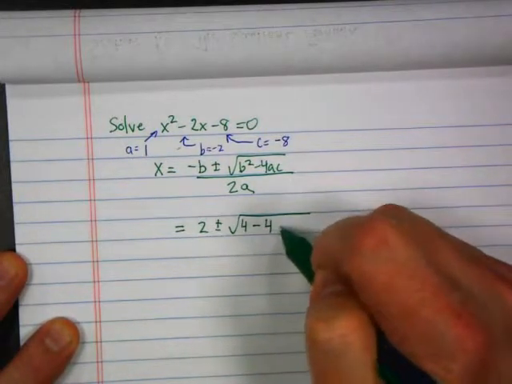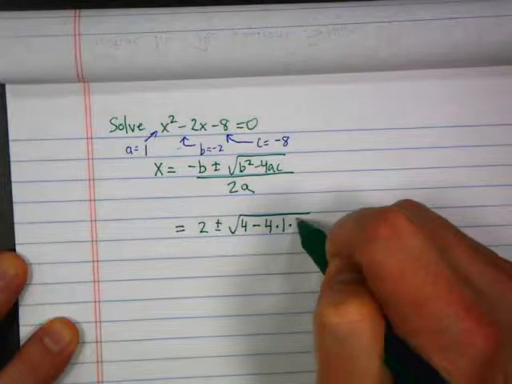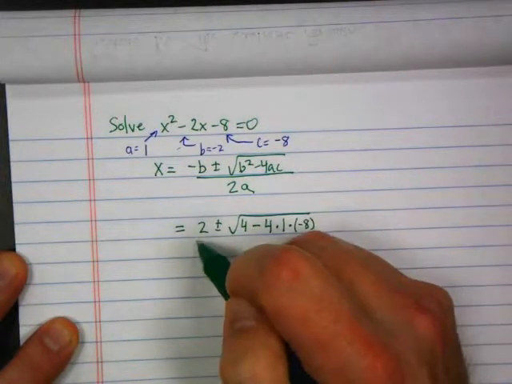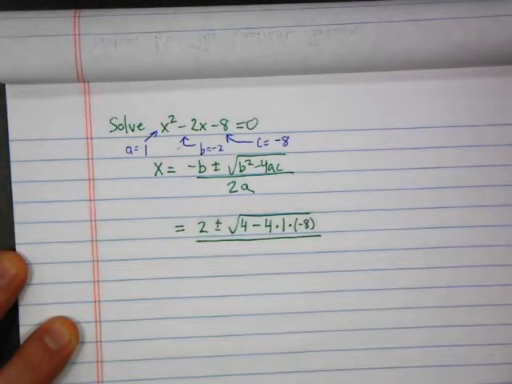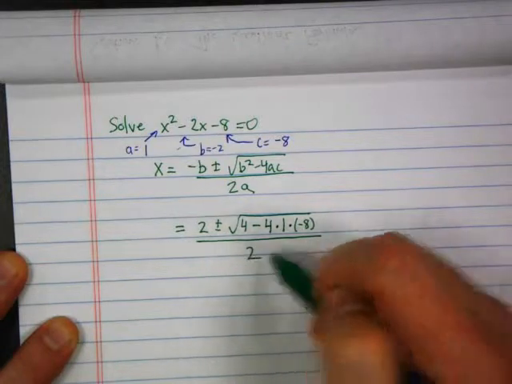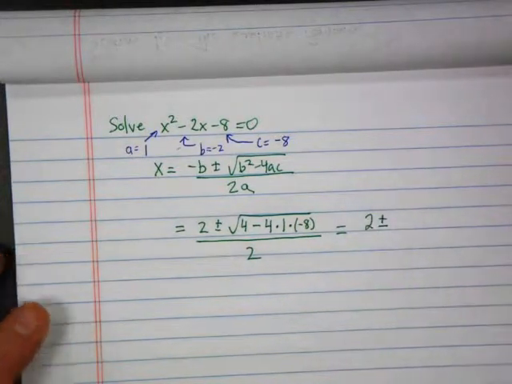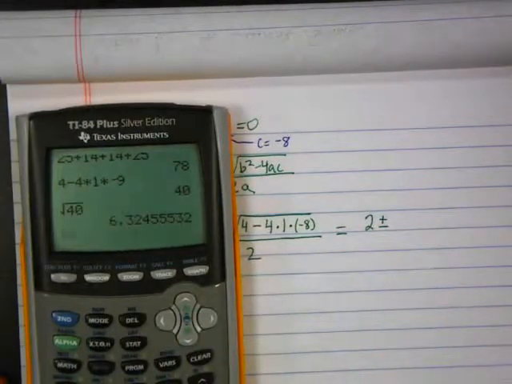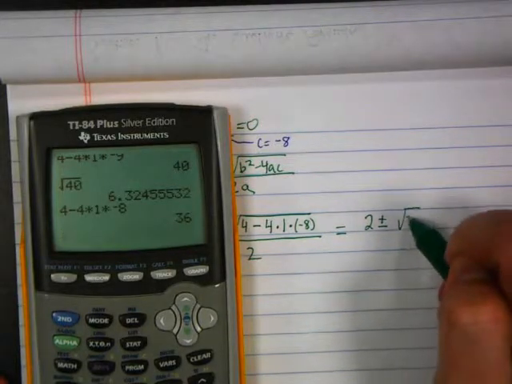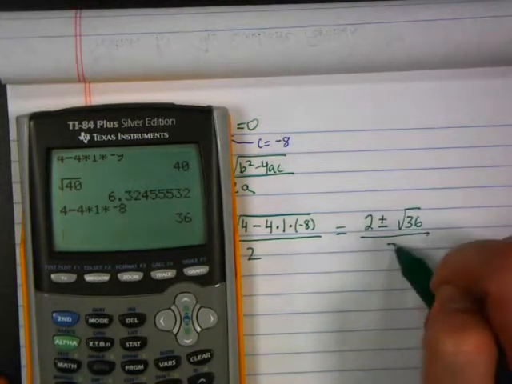Minus 4 times 1 times negative 8 all over 2. So that's 2 plus or minus, I grab my calculator, 4 minus 4 times 1 times negative 8 is square root of 36 all over 2.